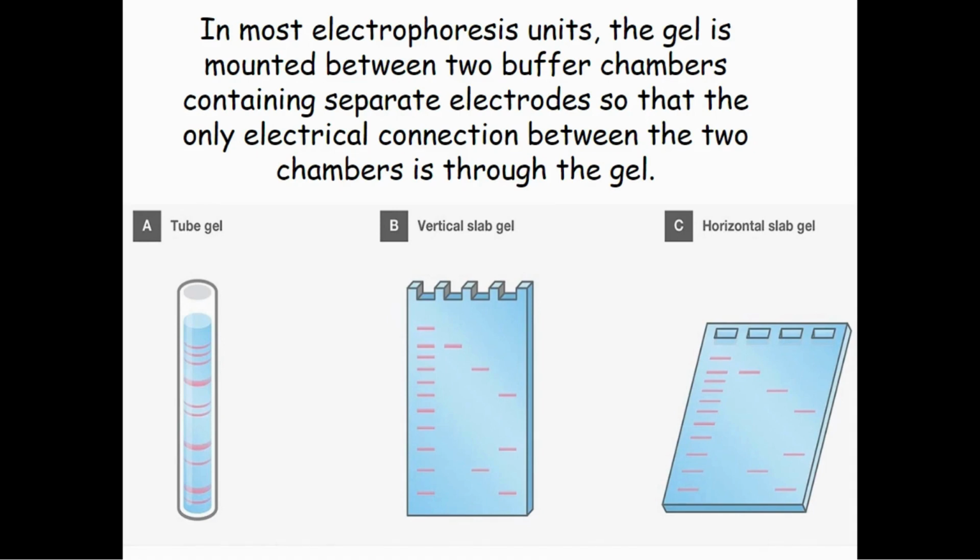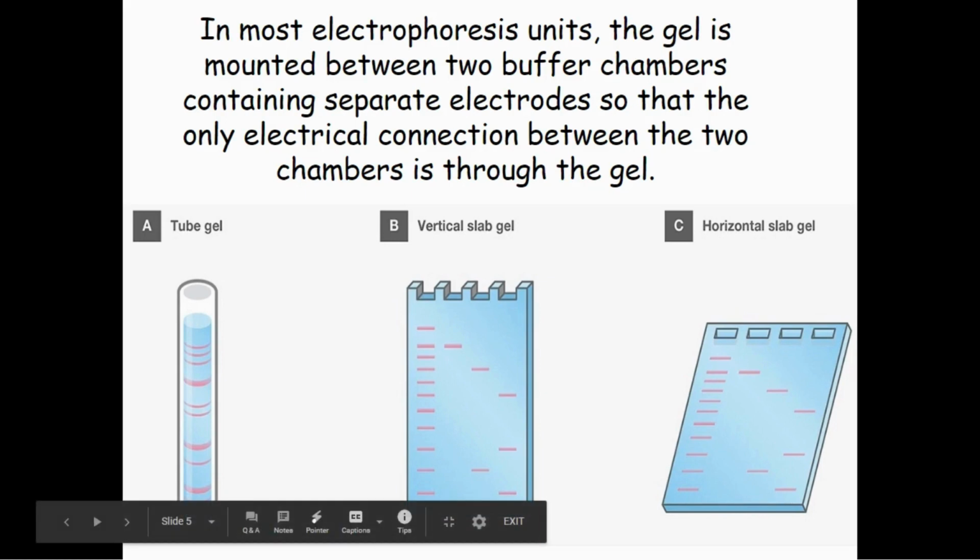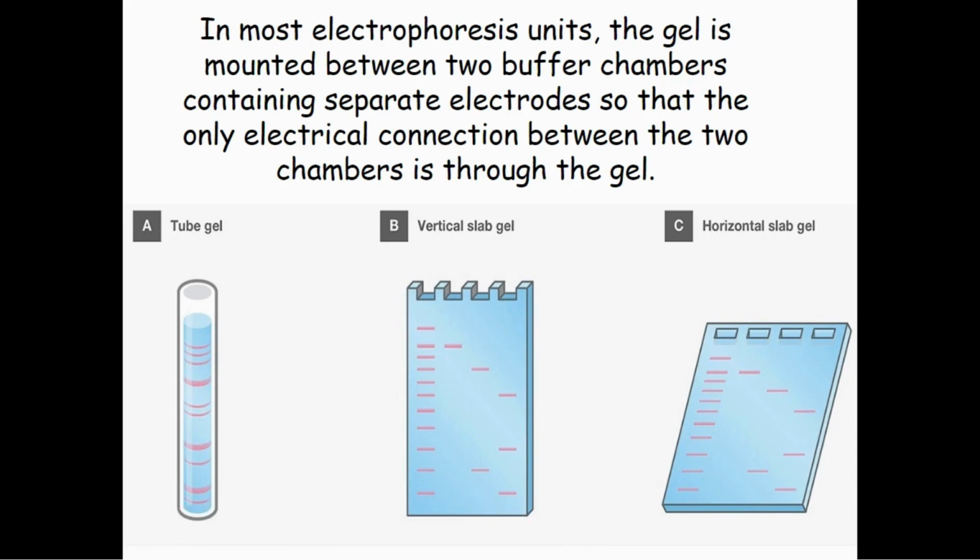In many electrophoresis units, the gel is mounted between two buffer chambers containing separate electrodes, so that the only electrical connection between the two chambers is through the gel. As in the picture, you can see these are the types of gels: tube gel, vertical slab gel, and the horizontal slab gel.